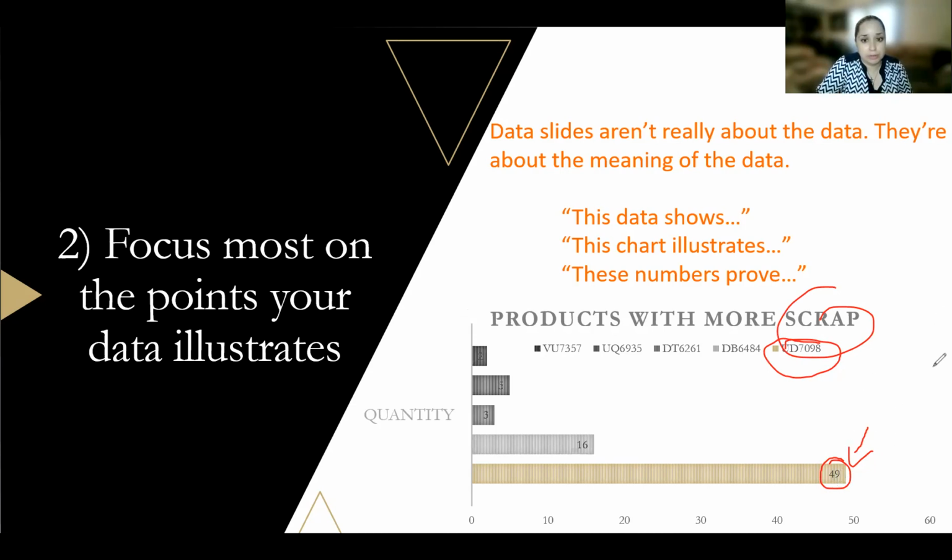So from this data, you can see that the decisions made with the data that we collected were focused mainly on these pieces, on the UD 7098. And then, of course, we could focus on these other ones. These were just little ones, but we had to focus on them too.